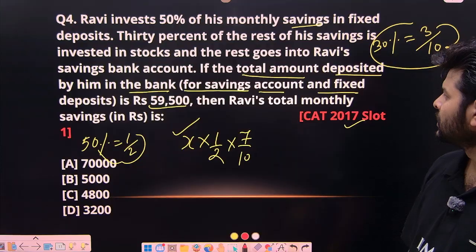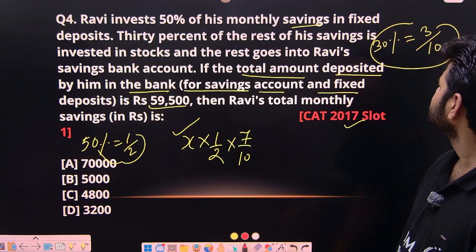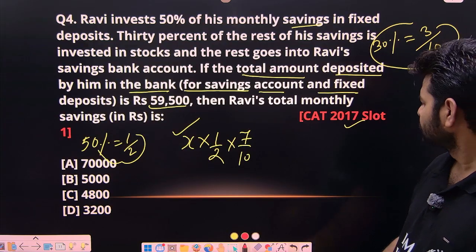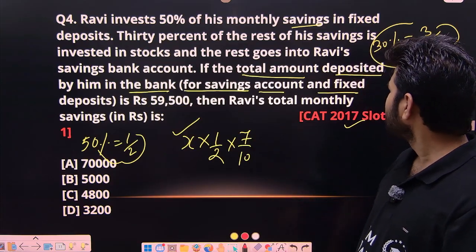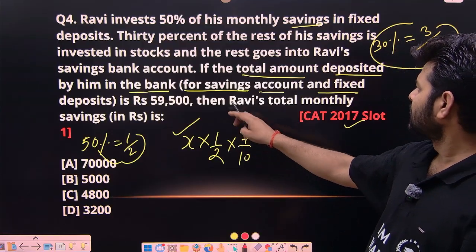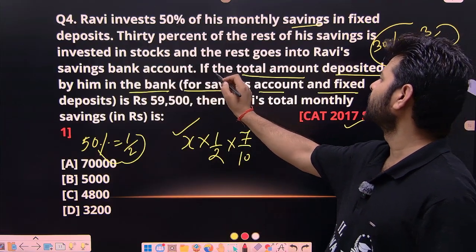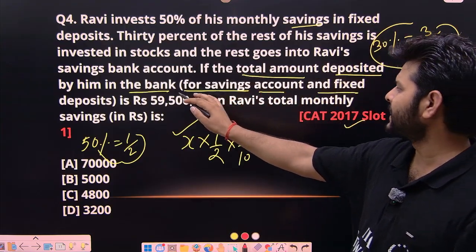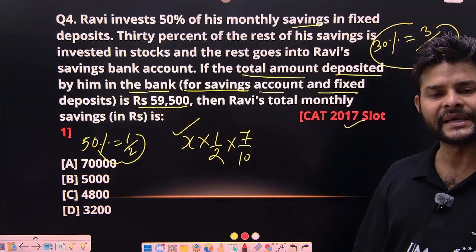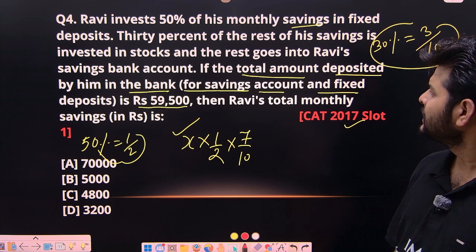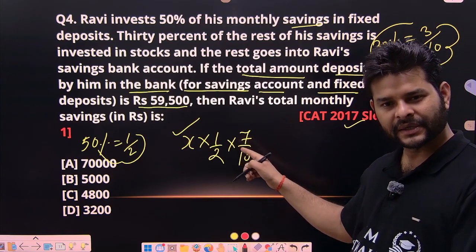What you don't know is X. So he invests 30%. Basically, we need to take 30% of this value. This is remaining. If the total amount deposited by him in the bank is this, then we need to take 30% of the rest for stocks.